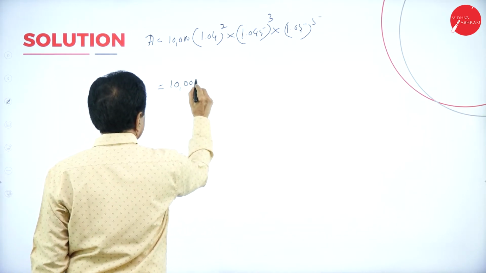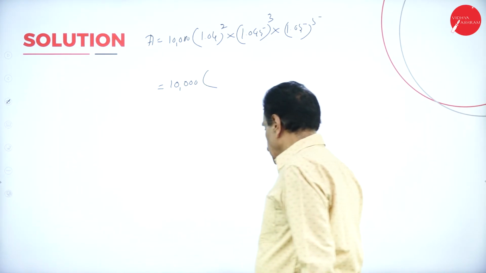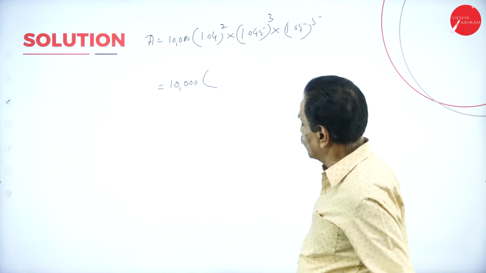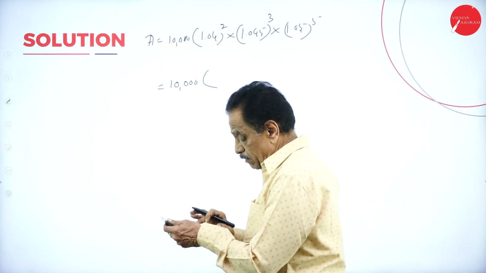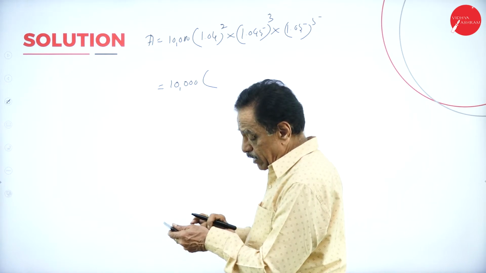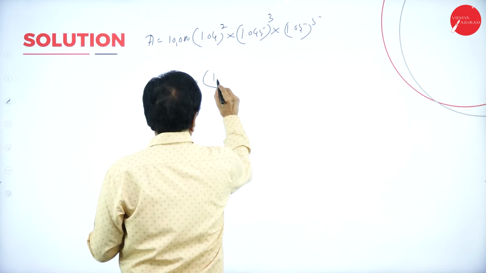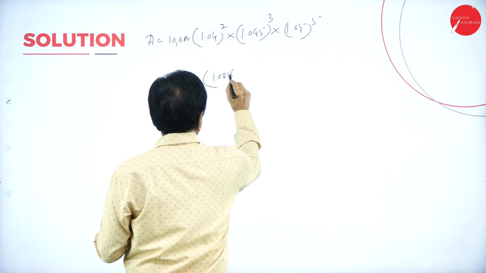10,000 into 1.04 to the power of 2, 1.04 into 1.04, this is 1.0816.